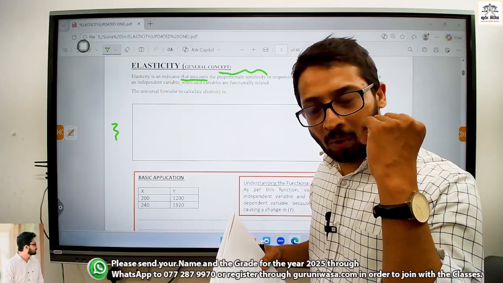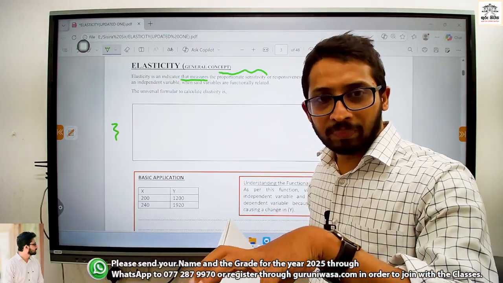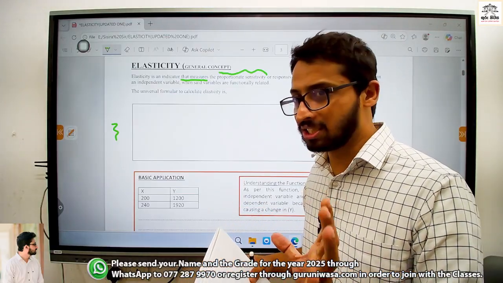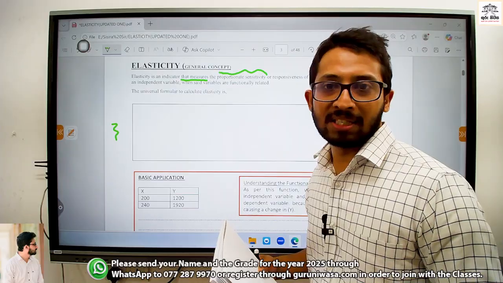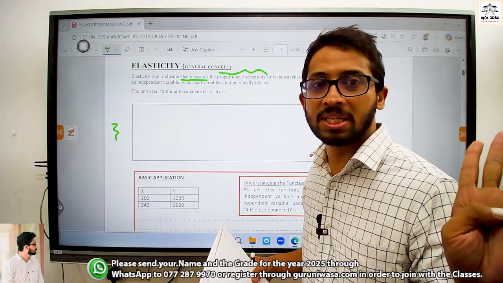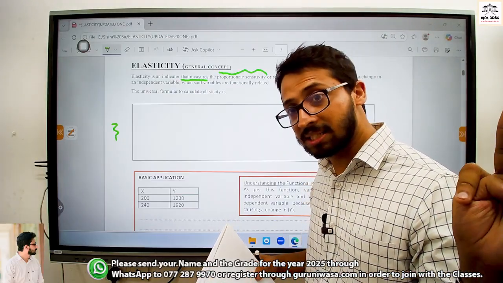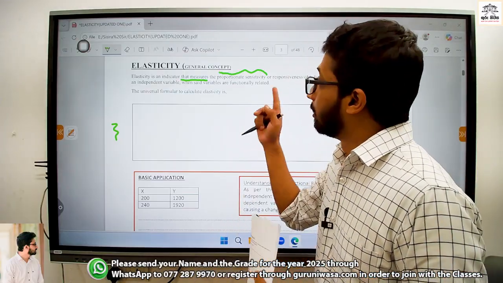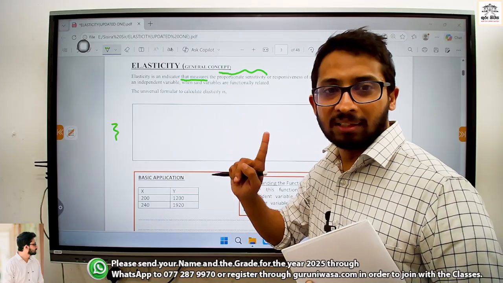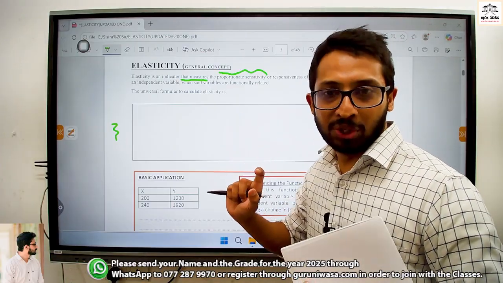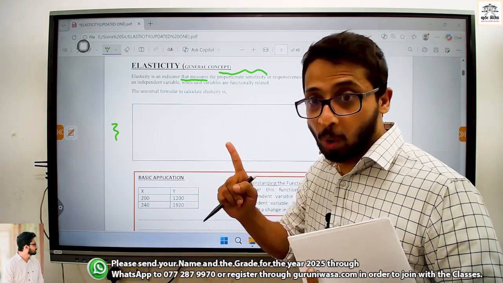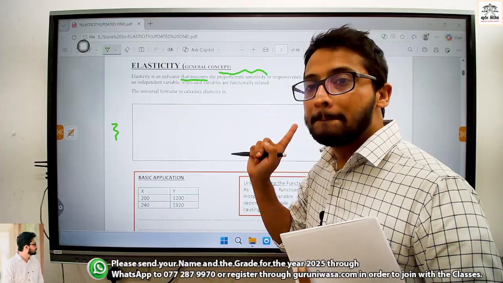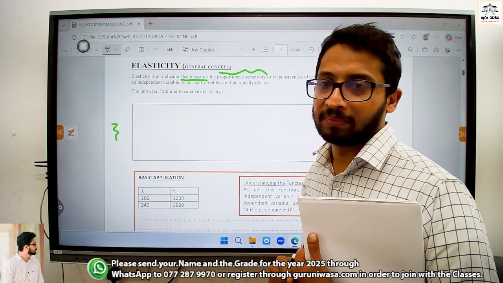Elasticity is always focusing on percentage change. There are two changes in mathematics. The first one is absolute change. The second one is percentage change. In the elasticity lesson, Lamai, what change should we consider? Proportionate change or percentage change, right?